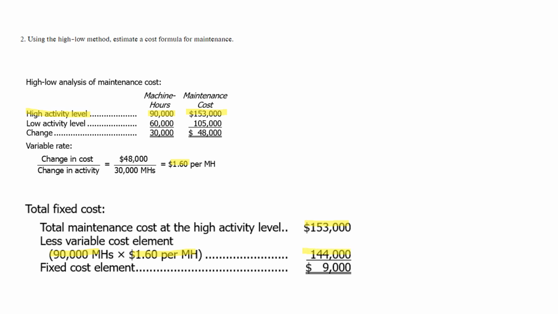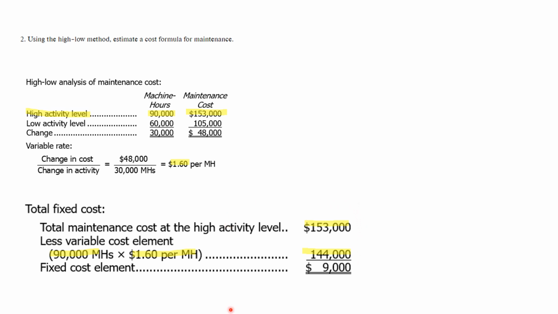Because remember, our variable cost per unit will stay constant for all activity levels, so we can figure out our variable portion. And so then if we take a look at our total maintenance cost of $153,000, and we take away the variable cost portion of $144,000, our fixed cost element has to be $9,000.